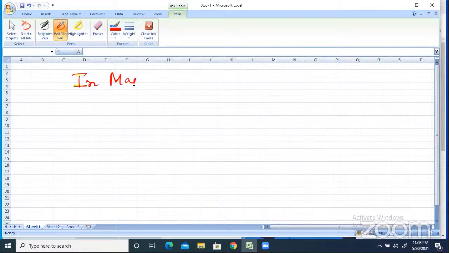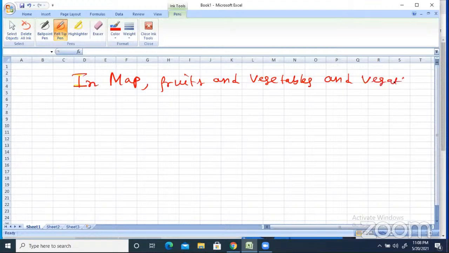In MAP, fruits and vegetables should maintain. Actually, in the ICS system, some of the questions have confusing answers. But if you don't attempt, you will get negative.